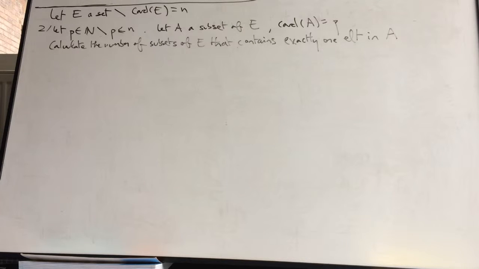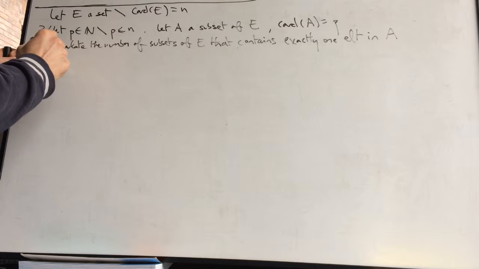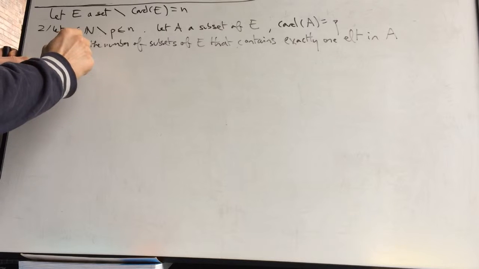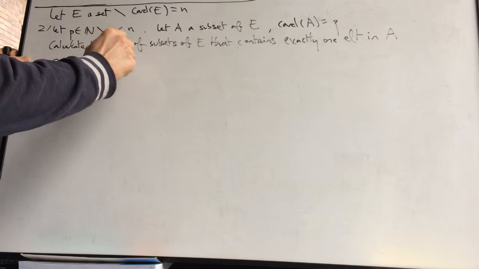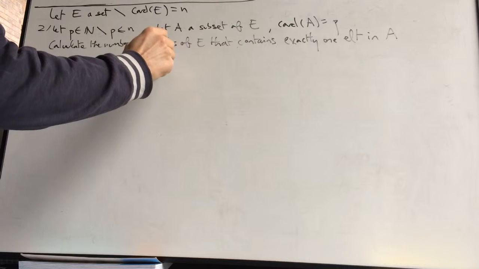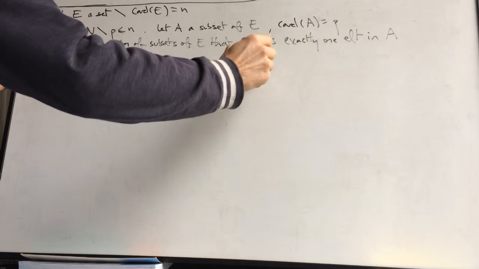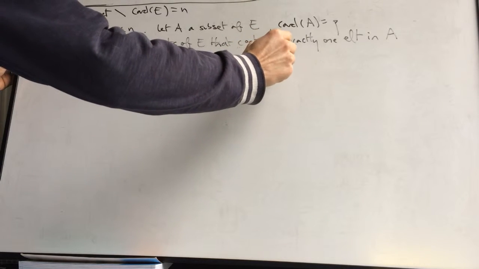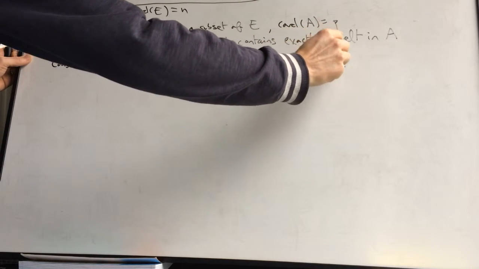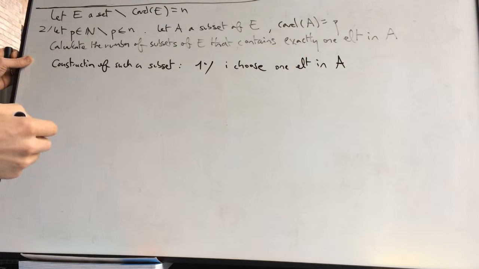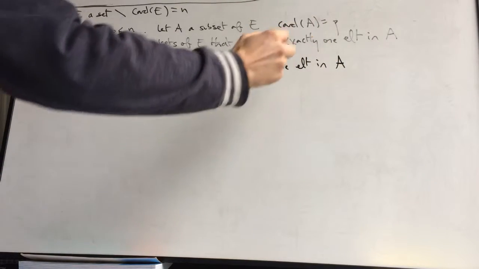So to build a subset of E that contains exactly one element in A, first we're going to choose an element in A. Construction of such subset: first I choose one element in A. I've got p possibilities.